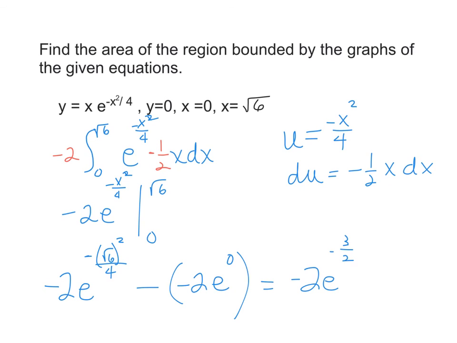Because this would be square root of 6 squared, which is 6, over 4, which is 3/2, plus 2, e to the 0 is just 1. And when you put that in your calculator, you get 1.554.